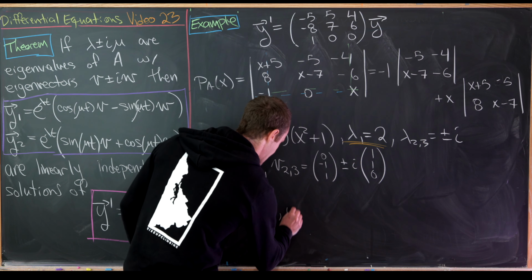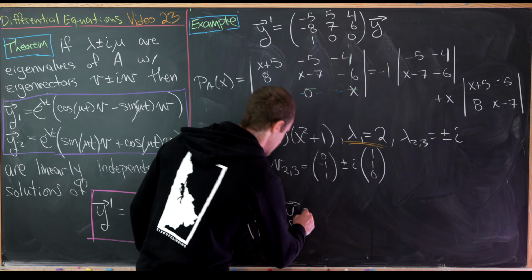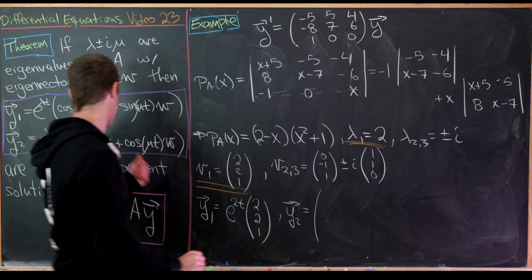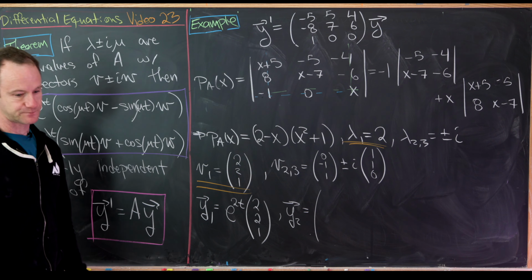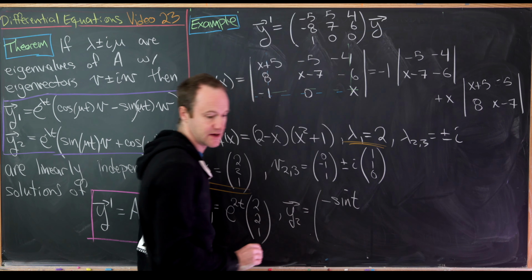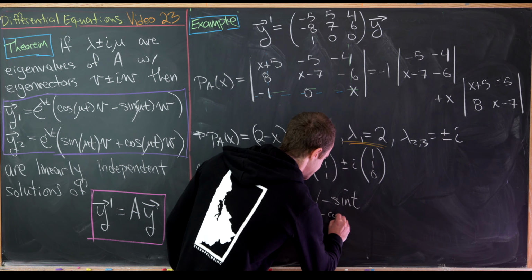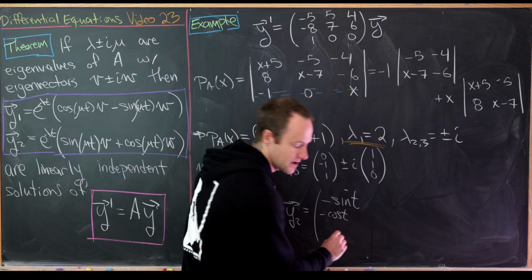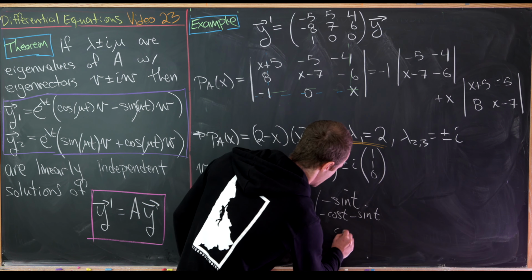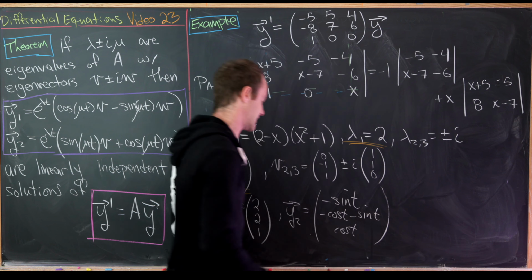And then we'll have y2 is equal to, well, I'll just write it down and then point out that it's coming from this over here. So it's equal to minus sine of t, then minus cosine of t minus sine of t, and then finally cosine of t. So it's that vector.